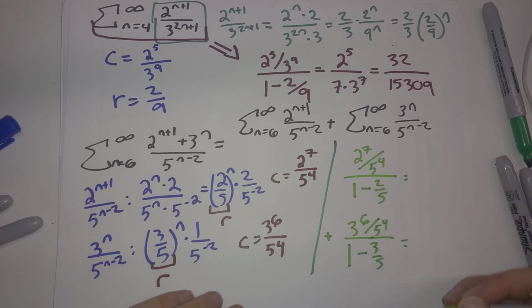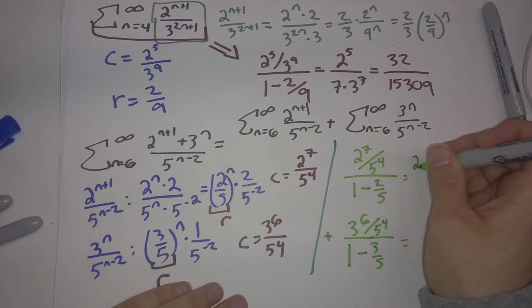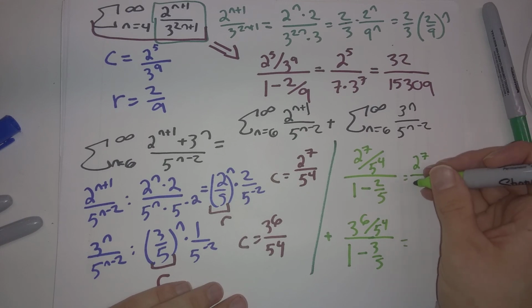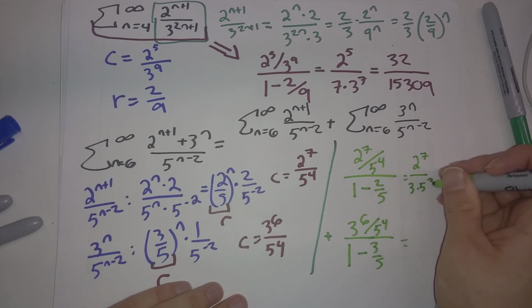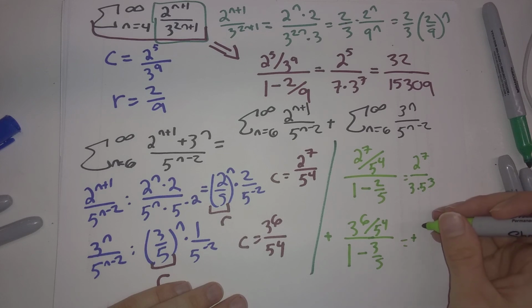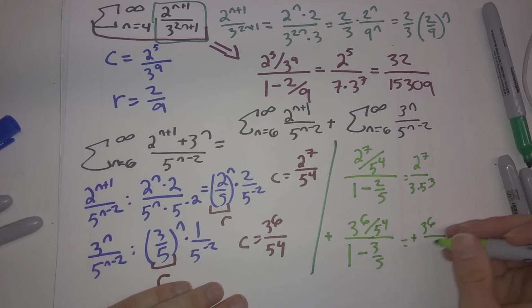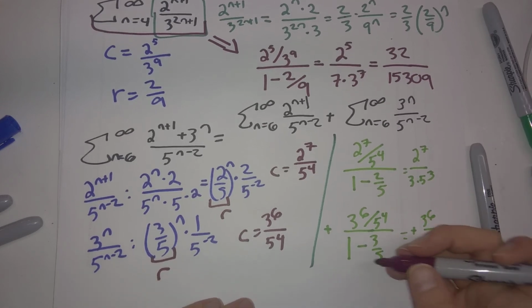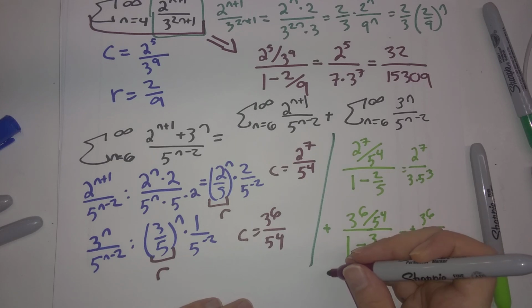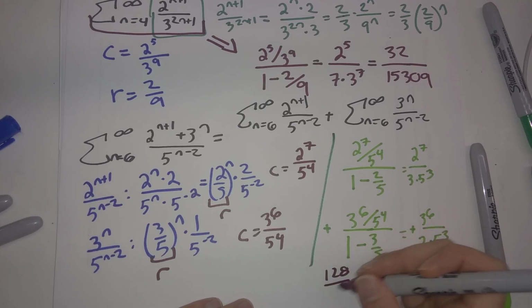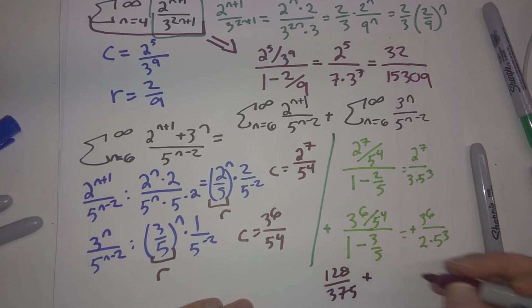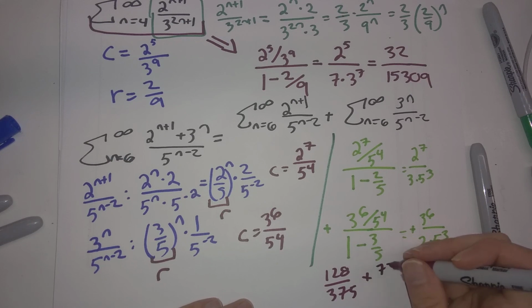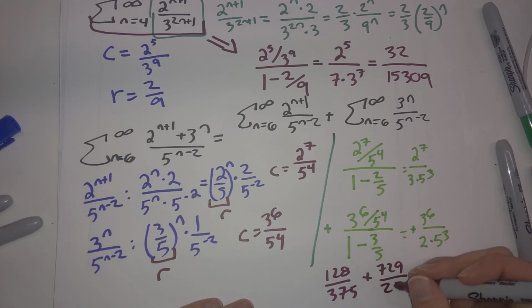If you simplify things, I pre-computed this: 2 to the 7th divided by 3 times 5 cubed plus 3 to the 6th divided by 2 times 5 cubed. If you want to simplify those calculations, you get 128 divided by 375 plus 729 divided by 250.